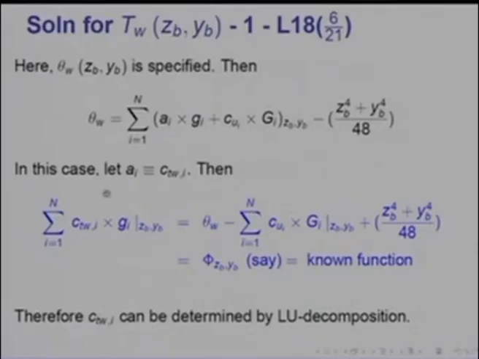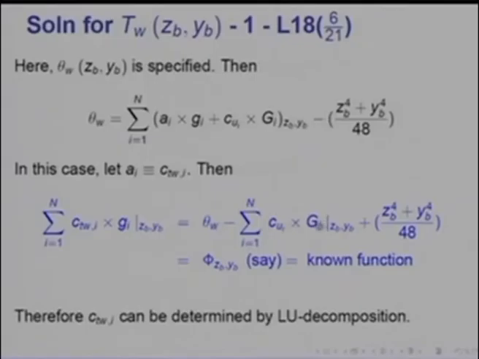Now, as I said before, in this case a i will be taken as c t w i, then you will see that the sum of c t w i g i, i equal to 1 to n, at z b, y b would be equal to theta wall minus sum of c u i into g i at z b, y b plus (z b 4 plus y b 4) by 48, and the entire right hand side is now known at z b, y b, because theta wall has been specified.